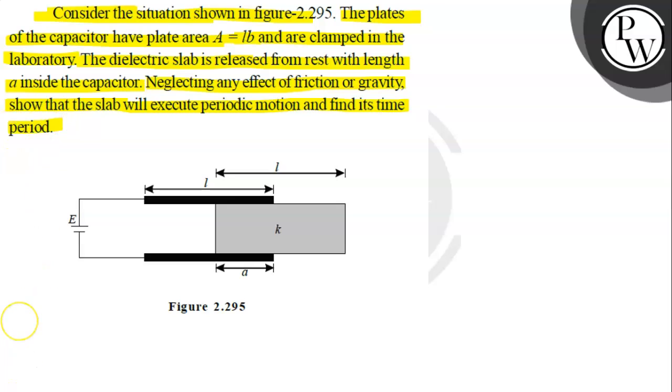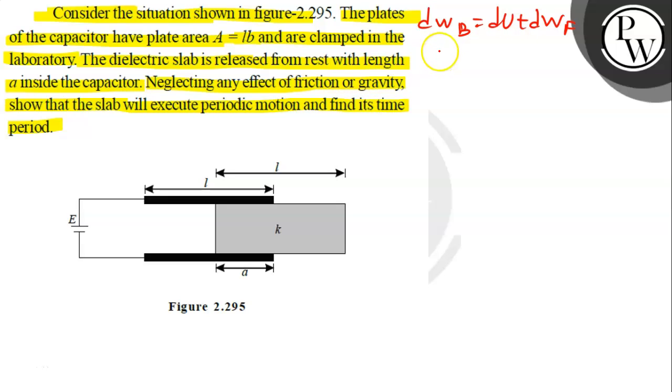Okay, let's find out. Work done by the battery is equal to the change in energy of the capacitor plus the work done by the force F on the capacitor. So dWb is equal to dU plus dWf. Let the charge dq be supplied by the battery and the change in the capacitance be dC.